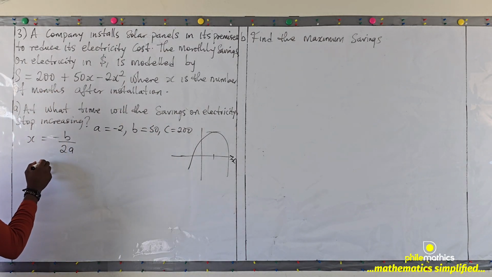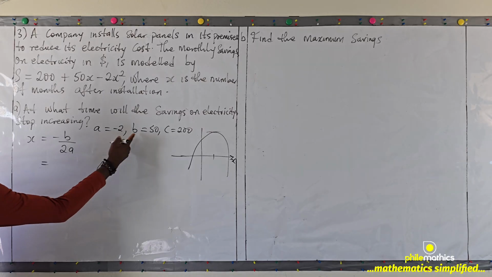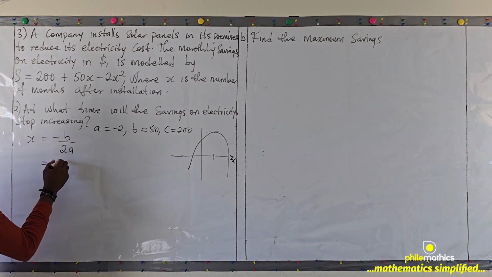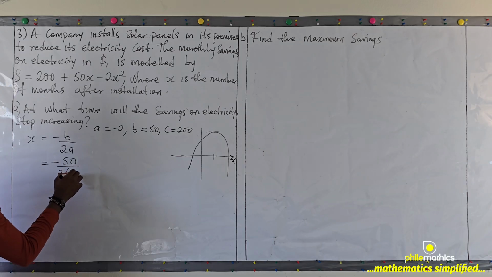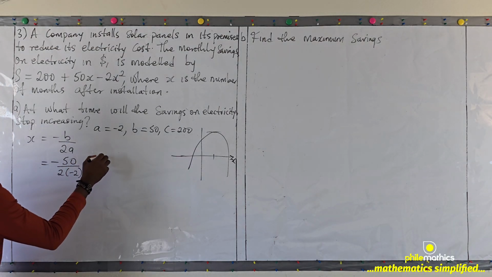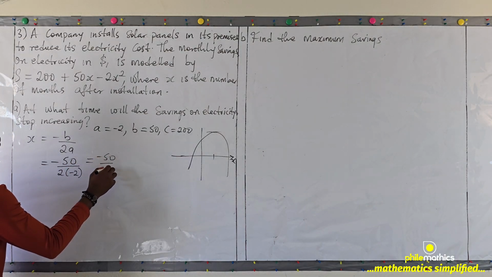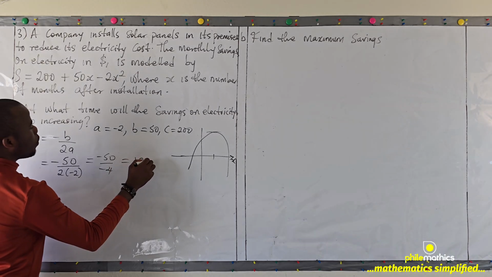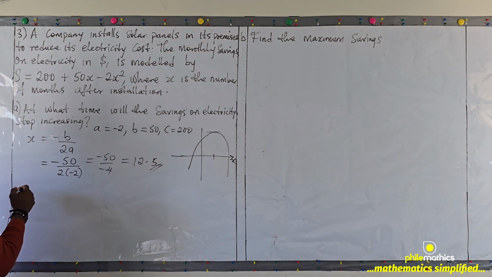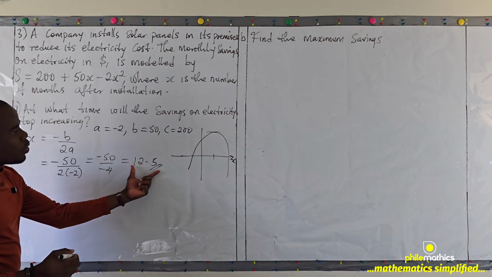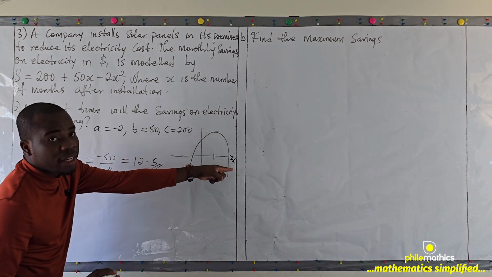So minus b over 2a will be minus 50 over 2 times minus 2. This is minus 50 over minus 4. This is 12.5. And so it is at 12.5 that it stopped increasing.